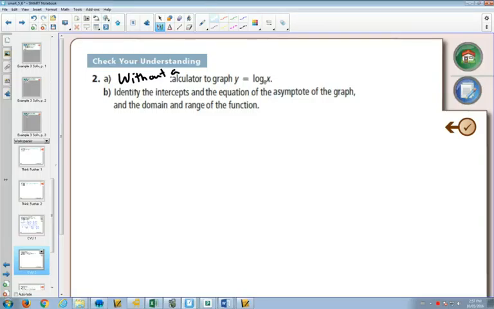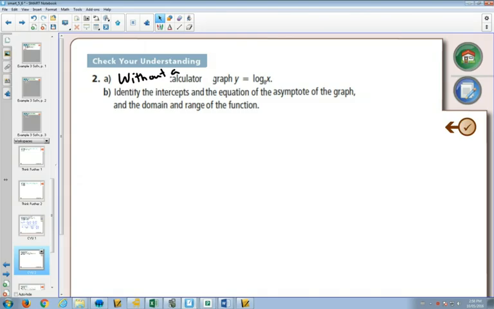Without a calculator, I guess we have to take out the word "to" because it doesn't make sense. Without a calculator, graph y equals log base 8 of x.